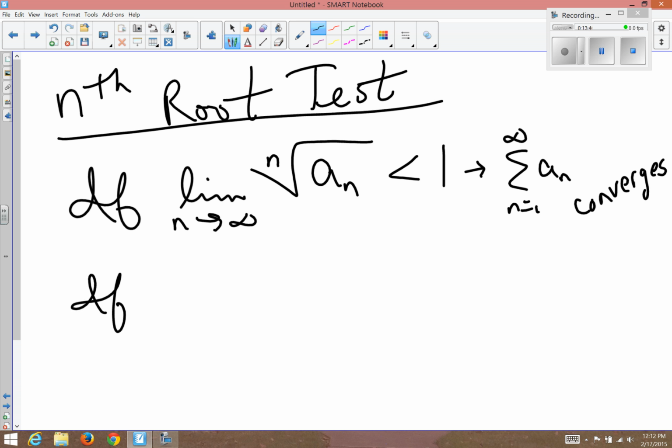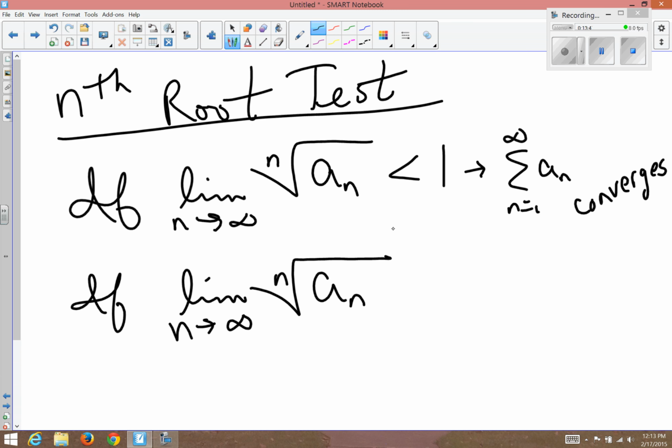And if the limit of the nth root of the nth term as n approaches infinity is greater than 1, then the series diverges.